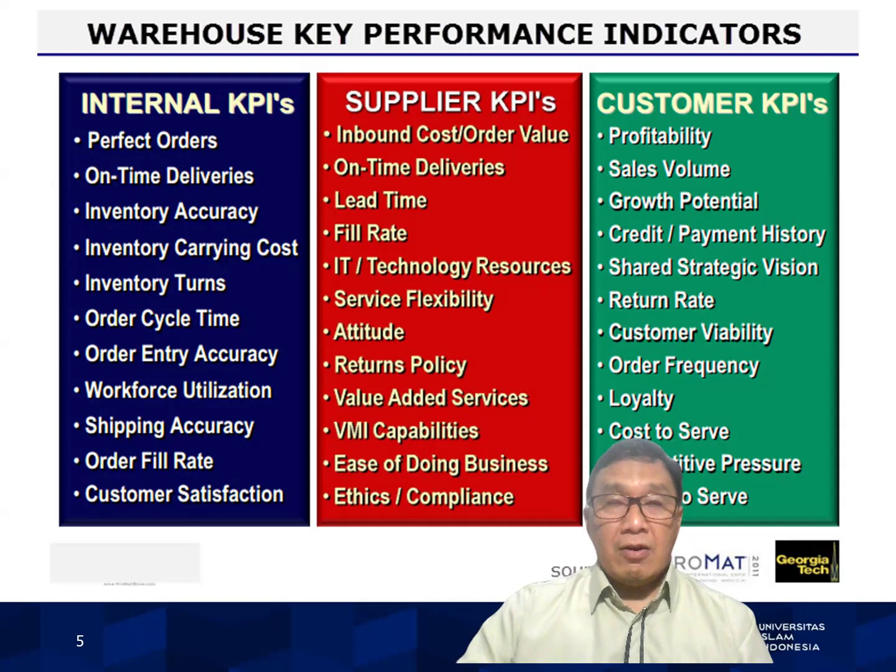He has successfully managed the warehouse if all the KPIs have been achieved. In this case, we can see that KPI is a measurement tool to claim or define success.